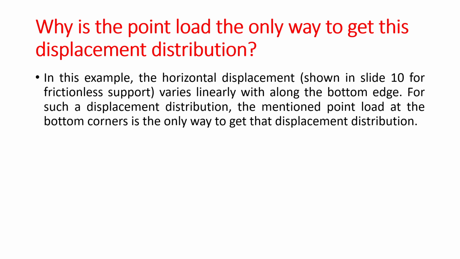Now, since we are not allowing the bottom edge to move because we have fixed it, we have to exactly undo this. For that, we have to apply an opposing displacement field that varies linearly between the two bottom corners, just as it was varying linearly before, but in the opposite direction.